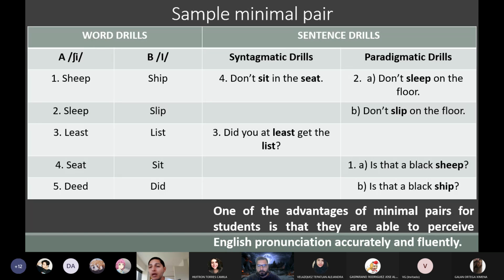And you now have 2 different ways to practice: repetition, drills, and the minimal pairs.